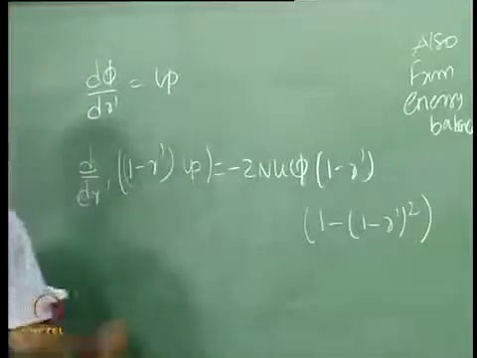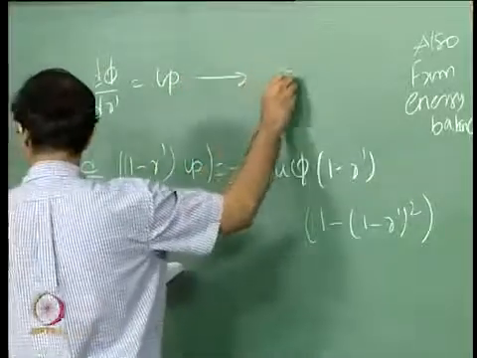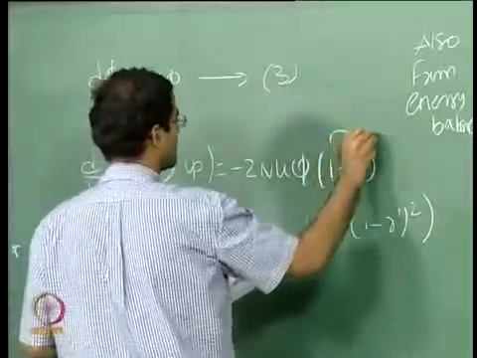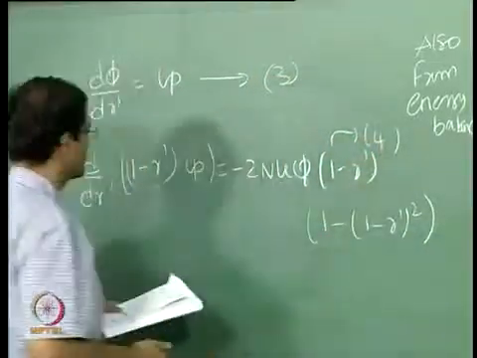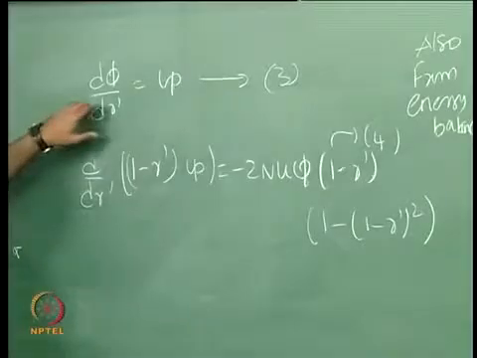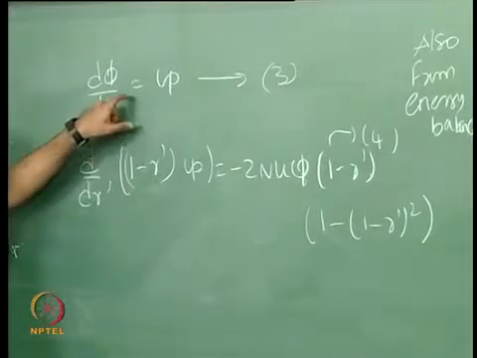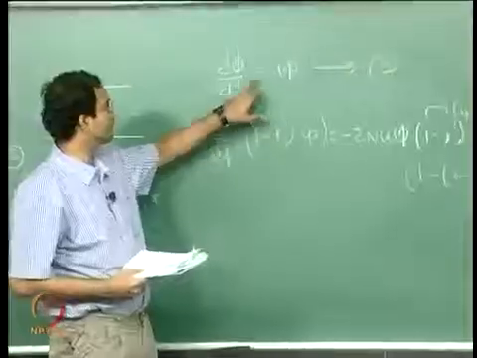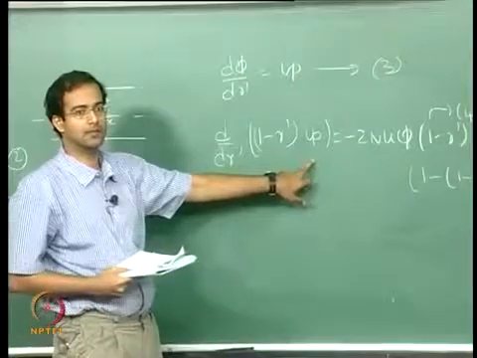Okay. So this is equation number 3, this is equation number 4. So now you have reduced equation 2 to 2 first order ODEs, one you have to solve for phi, the other you have to solve for psi.